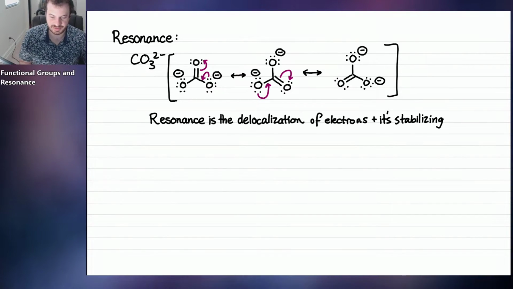Resonance is a good thing. It stabilizes the molecule. Now, what a lot of students think is that what this means is the electrons are moving around, bouncing around, but that is not the case.